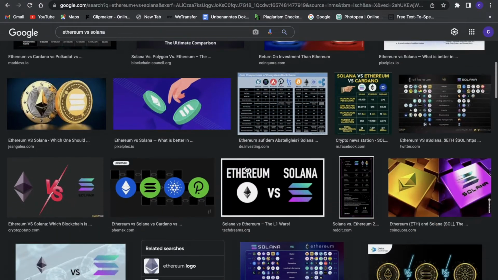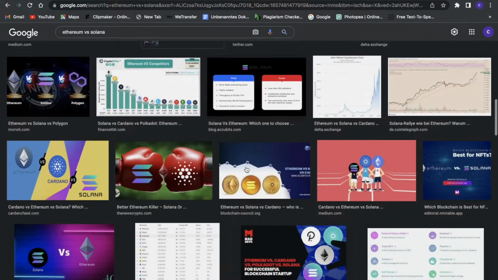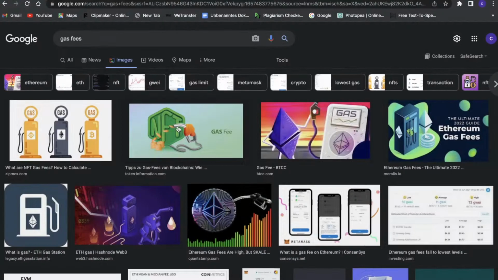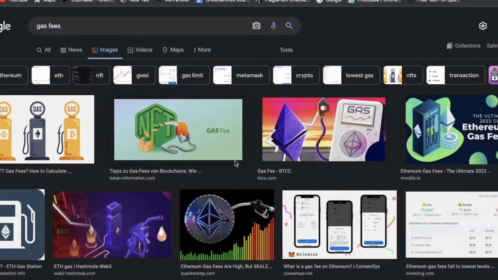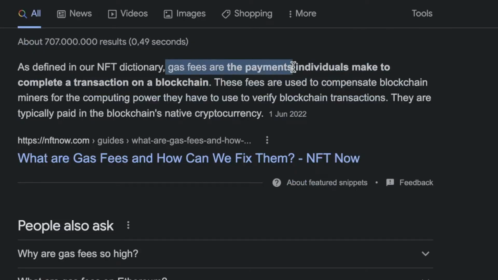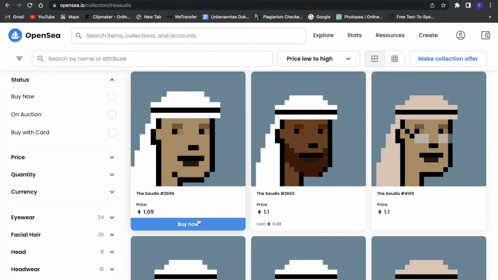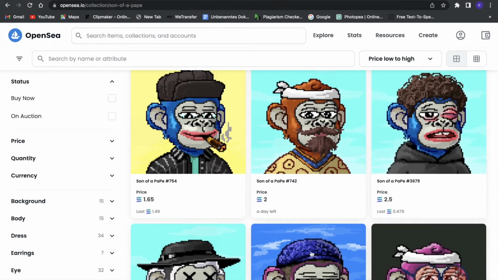Another big advantage that Solana has, which in some part also goes hand in hand with the transaction speed, is the gas fees. Gas fees are basically something you have to pay in order to validate the transactions you make. In the world of NFTs, these transactions appear in the form of minting, selling and buying NFTs.